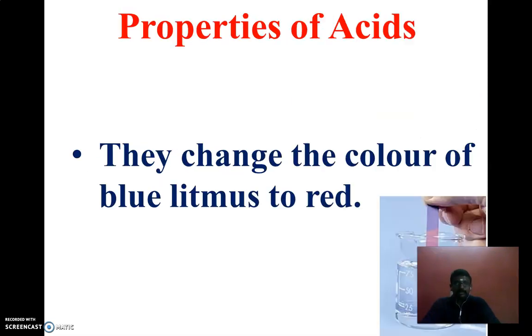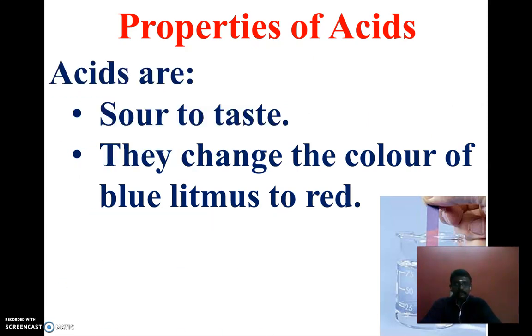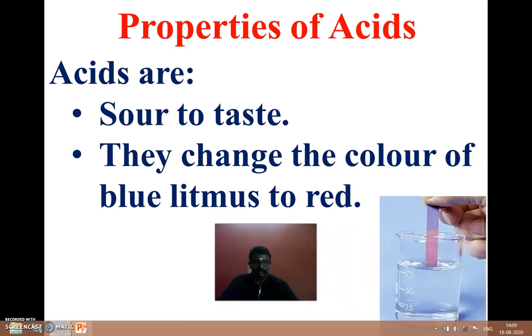And the properties of acids are: the taste of acid is sour. For example, if we take lemon, what is the taste of lemon? It's sour. Another property is that they change the color of blue litmus to red.